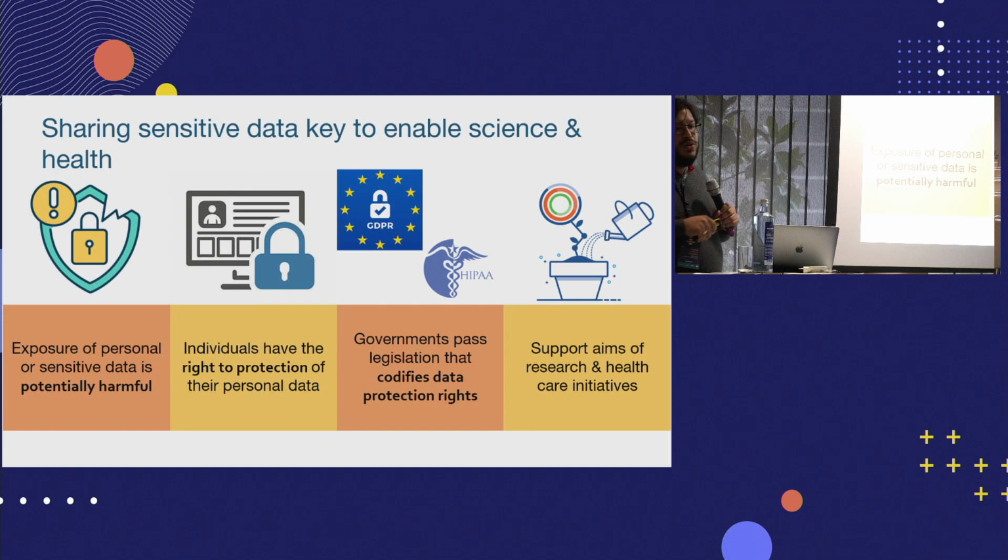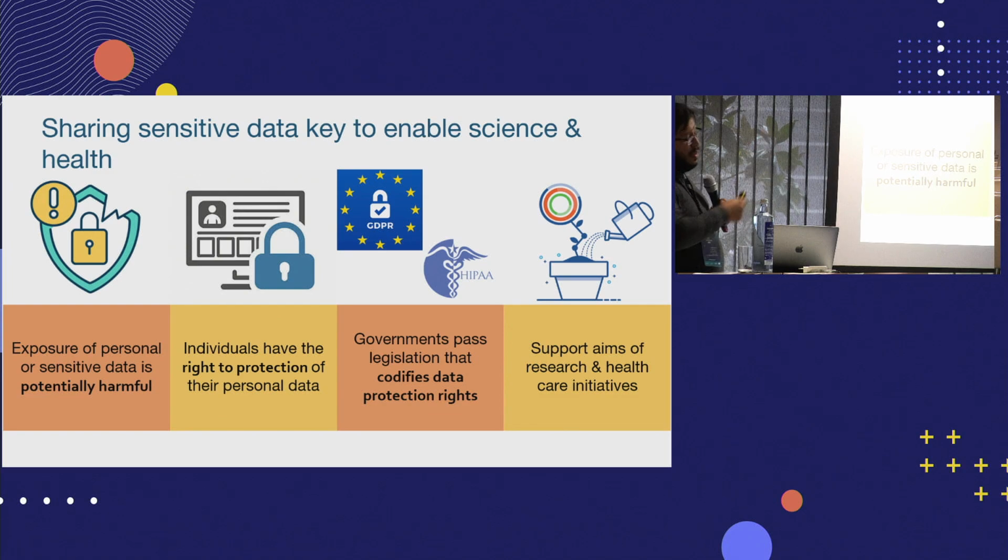Of course, we need to ensure that the rights of protection of individuals are preserved. We want to comply with the existing regulation, and of course, we want to use data for advanced research, for instance, for doing cancer research.